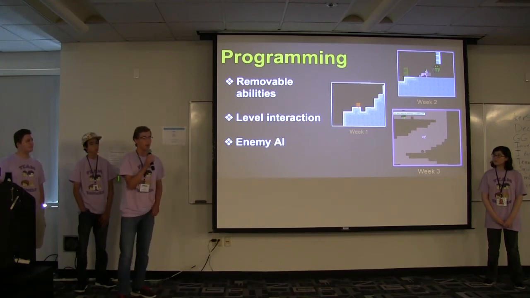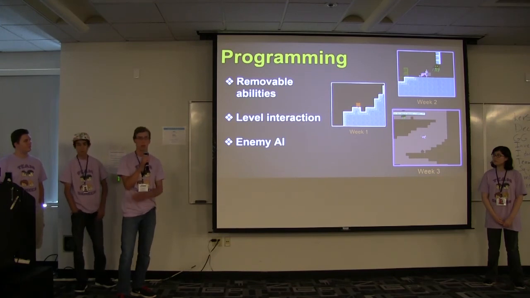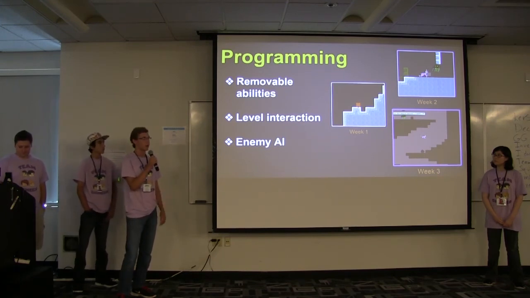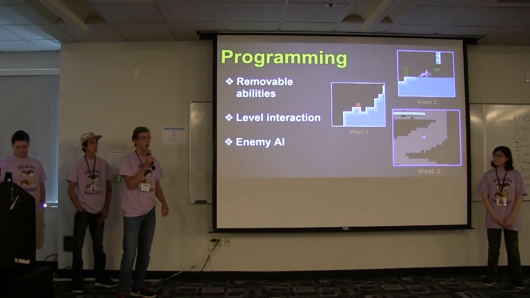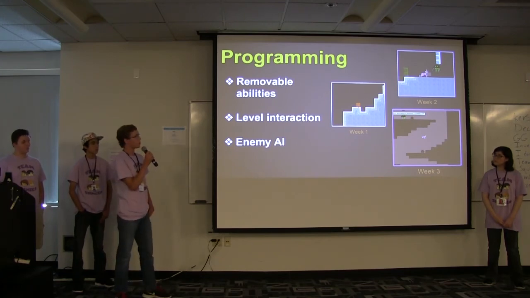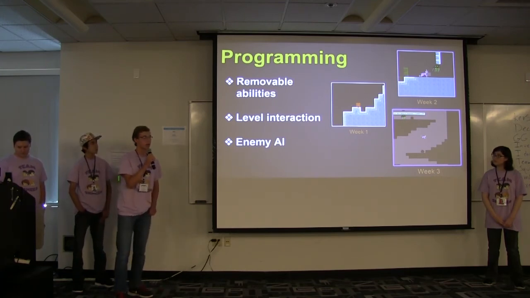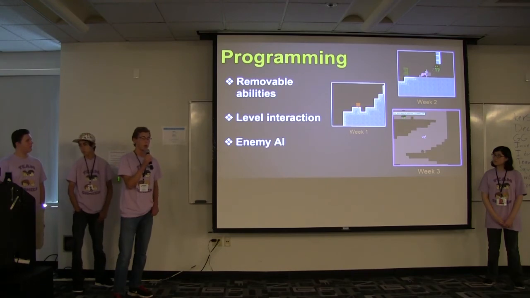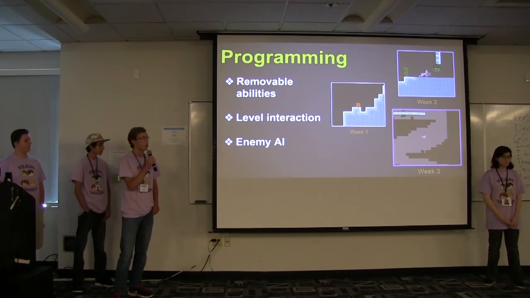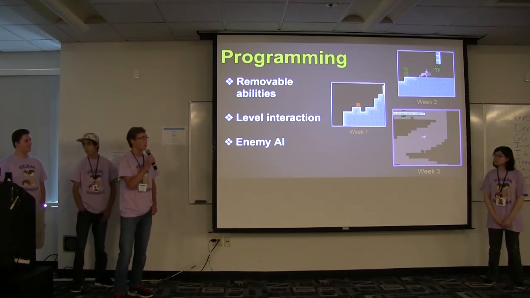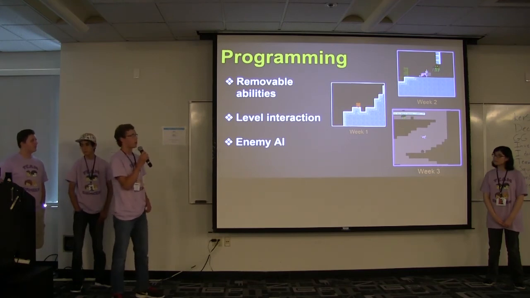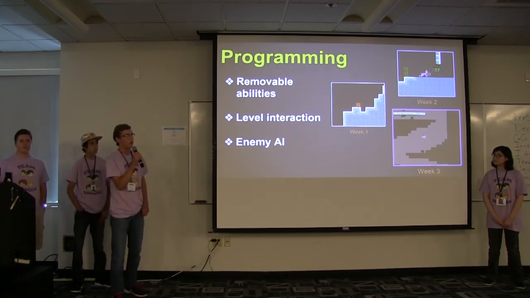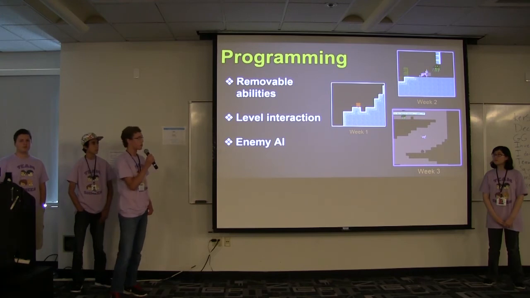So I made a separate code for the designers to use so that in each level they would just be able to make a new sort of player which had different abilities. Level interaction dealt mainly with tiles that hurt you, enemy placement, and checkpoints and level ends, which carried you from one level to the next or from position to position.